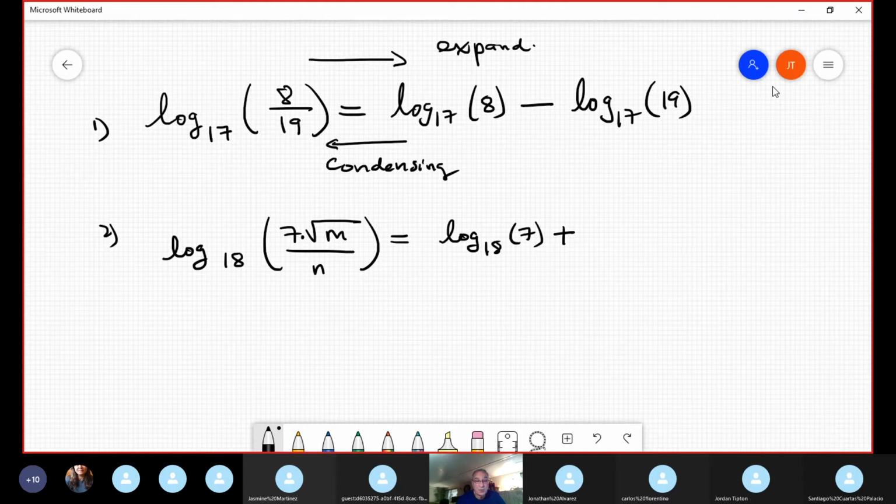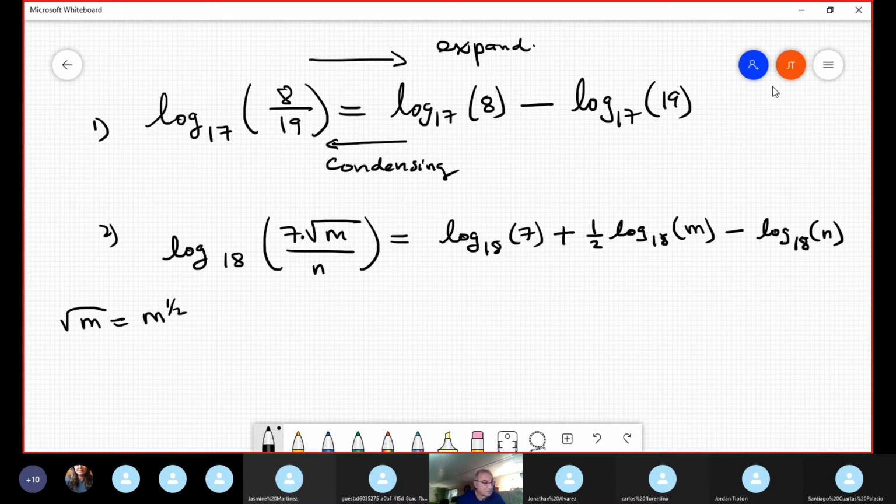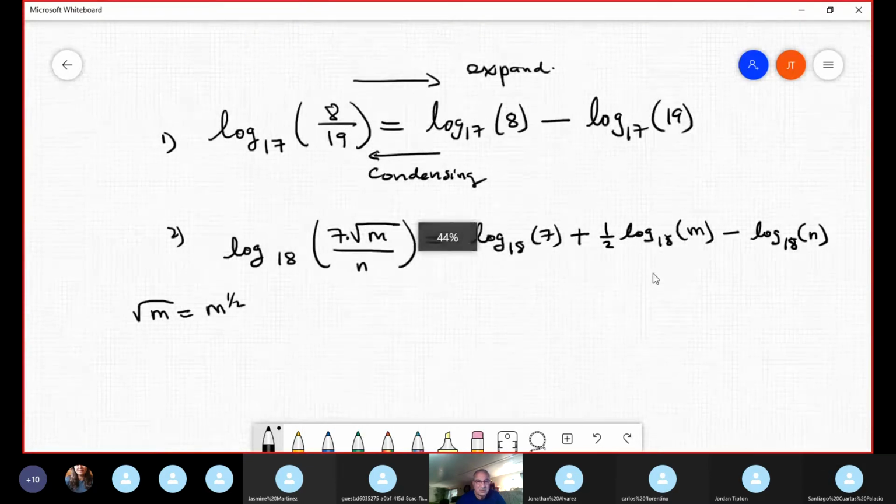But be careful: square root of m is equivalent to m to the 1/2 power. You can write it using a radical, but it's more elegant, because the problem says to express any power as a factor. So the power is 1/2, you put 1/2 in the front, apply property number 7: logarithm base 18 of m. Finally, minus, because of division, logarithm base 18 of m. That's it.